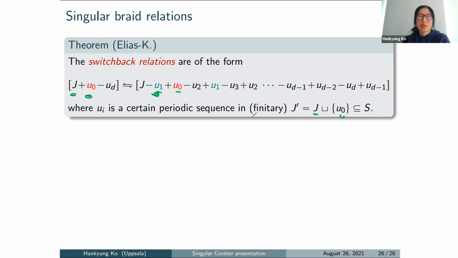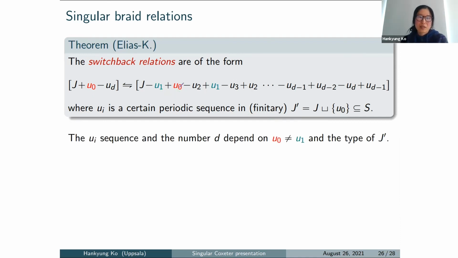And of course, we have this relation when it's finitary. When it's not finitary, we don't have the relation. So the switchback relations correspond to finite Coxeter groups plus a choice of this starting element.